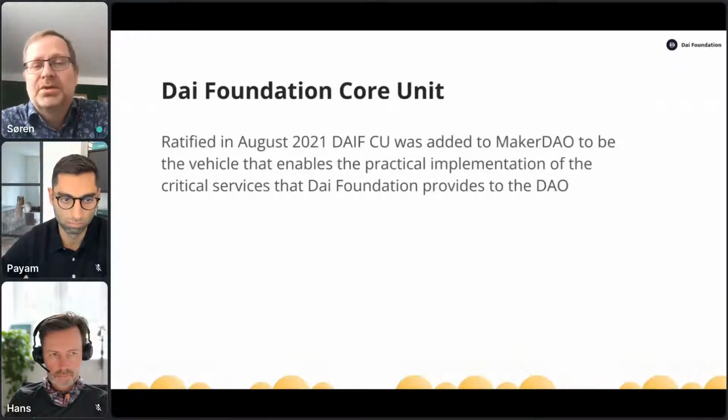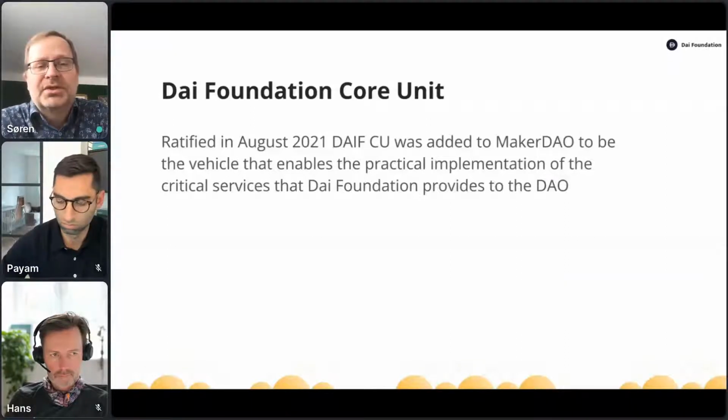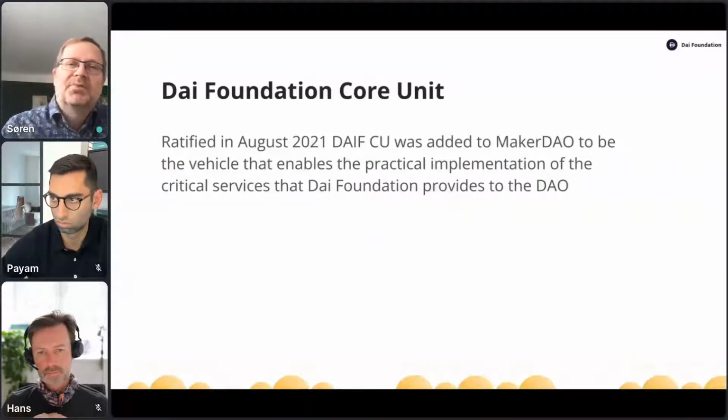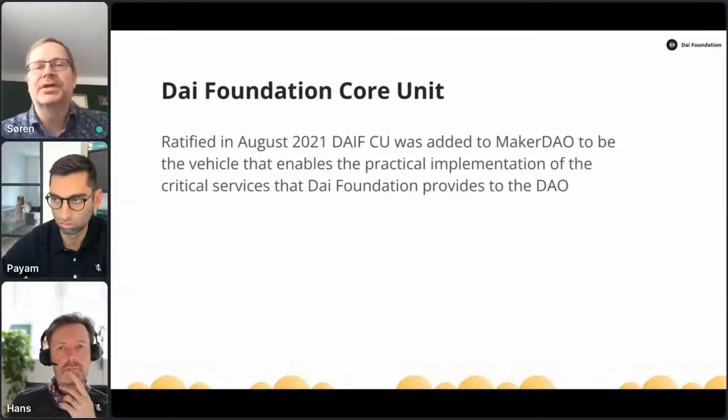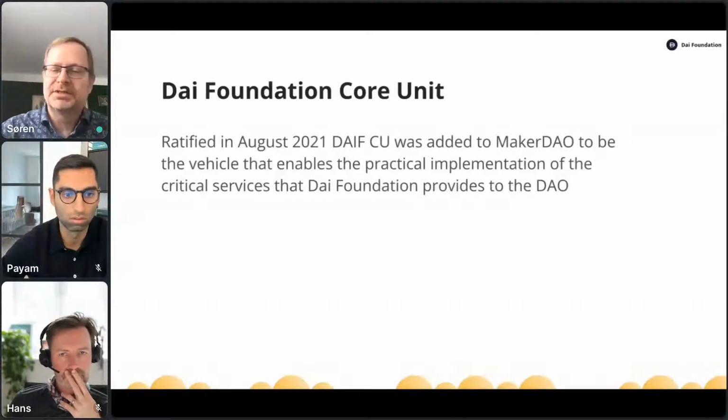As mentioned, we also are out there to protect the trademarks, which means we need some legal assistance besides the practical one. And Dai Foundation Core Unit is the vehicle that provides these and receives funding from MakerDAO in return for that. So that hopefully just sets the context.